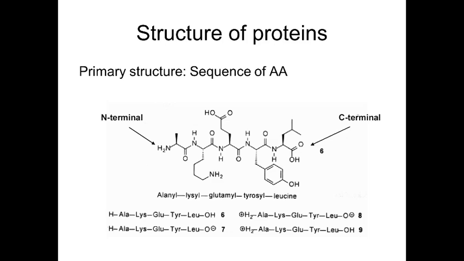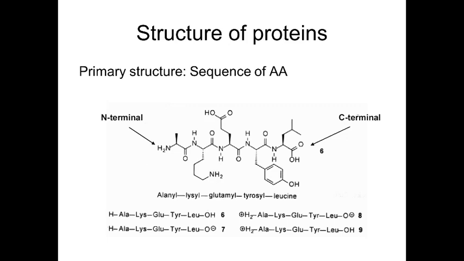So when we now stitch the amino acids together to form an oligo- or polypeptide, then we put them together in a certain sequence, and this sequence of amino acids we call the primary structure.